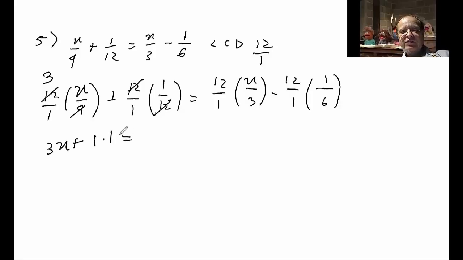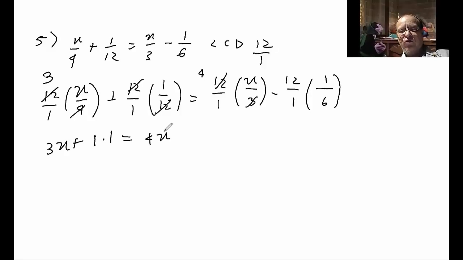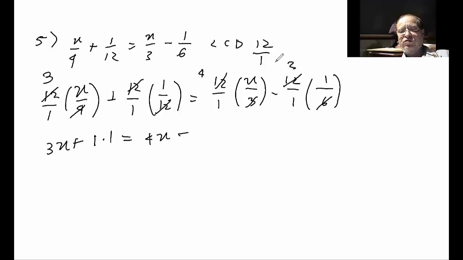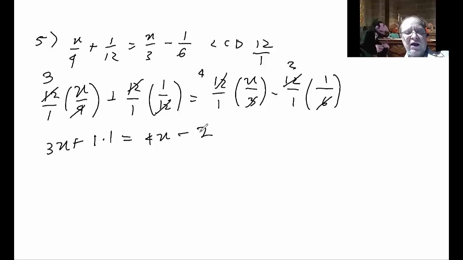And then my next term, I have 3 goes into 12 4 times. So that'll give me 4u. And then I have my term here. 6 goes into 12 2 times, and 2 times 1 gives me 2. So now I have a nice, easy algebraic problem to deal with.